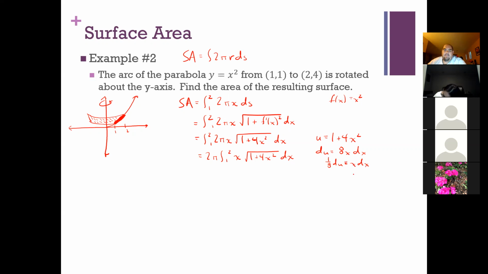So that should be all I need. And then I'm going to set my new limits. So these are going to be, I think, 17 and 5. And this integral should be u to the 1/2 times 1/8 du.